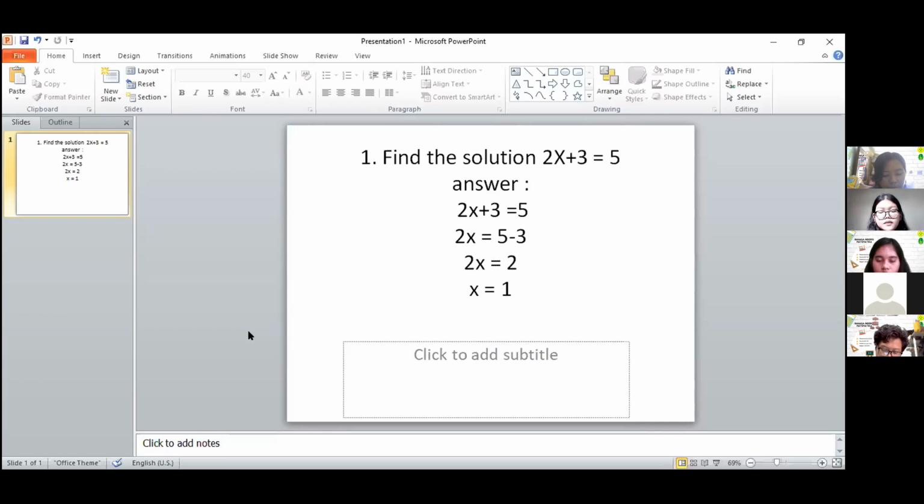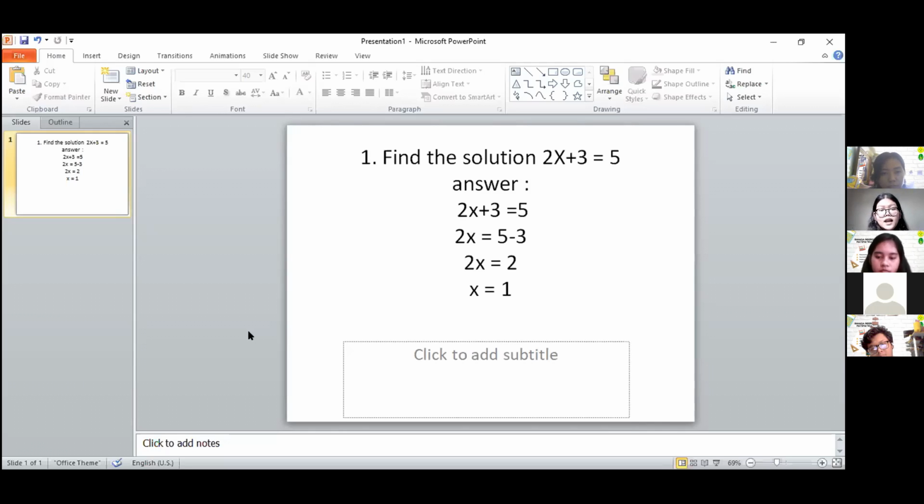For the next step, it becomes 2 times x is equal to 5 minus 3 because the inverse element of 3 is negative 3. So we subtract negative 3 from each side. 2 times x plus 3 minus 3 is equal to 5 minus 3. That's why we got 2 times x is equal to 5 minus 3.